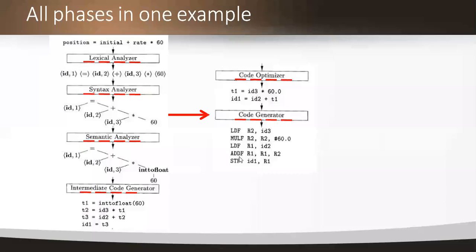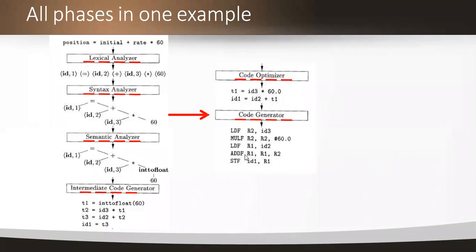Now by performing the addition operation, I'm adding R1 comma R2. R1 in the sense ID2, is already stored in R1, and R2 consists of ID3 into 60.0. That means ID2 plus ID3 into 60.0.